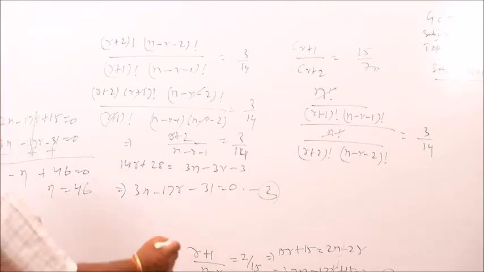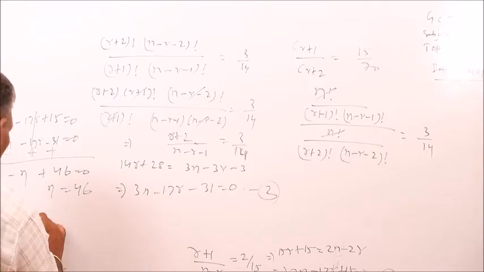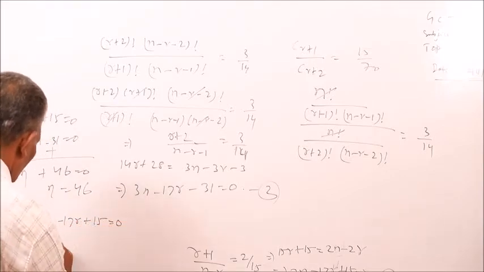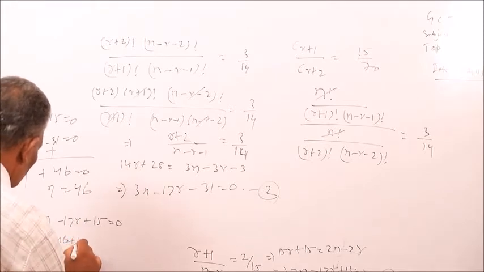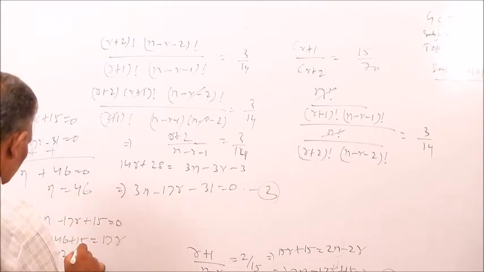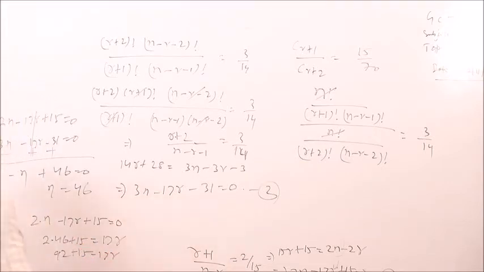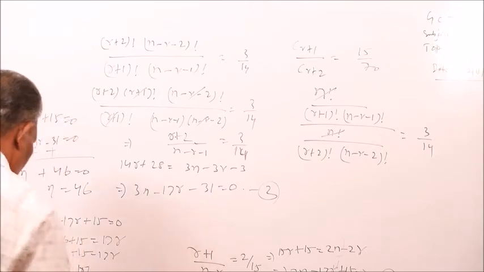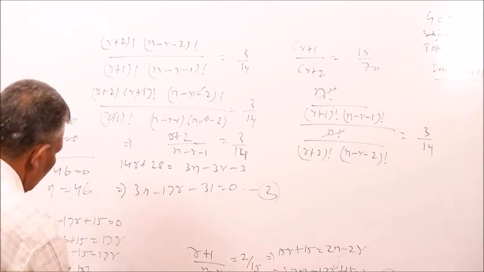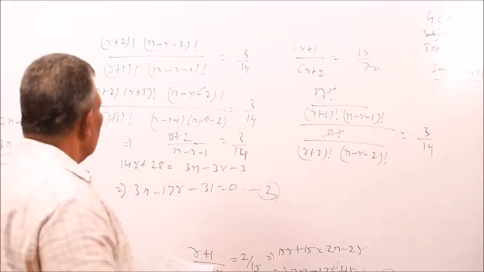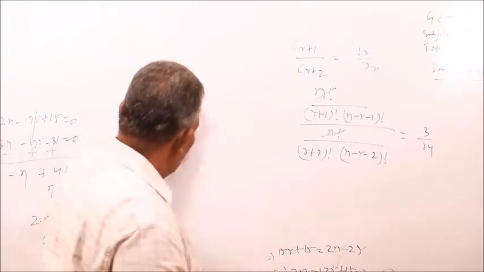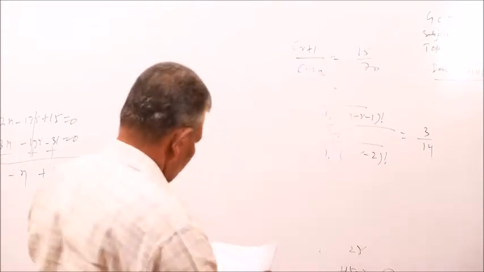Then you can find the value of r from this 2n minus 17r plus 15 equals to 0, or 2 into 46 plus 15 equals to 17r, 92 plus 15 equals to 17r, then you can find r. So another problem like this you can solve easily.